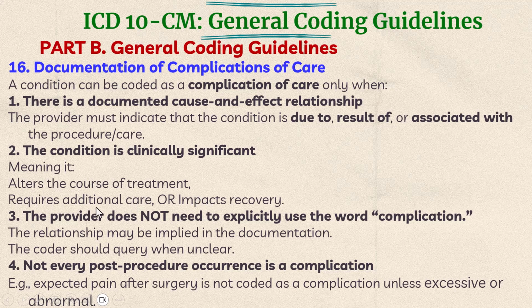Number three, the provider does not need to explicitly use the word complication. The relationship may be implied in the documentation. The coder should query the provider when unclear. Number four, not every post-procedure occurrence is a complication. Example, expected pain after surgery is not coded as a complication unless excessive or abnormal.